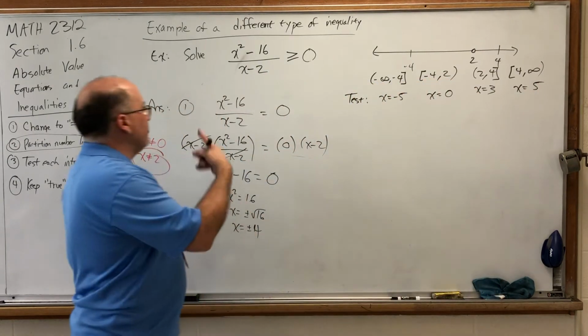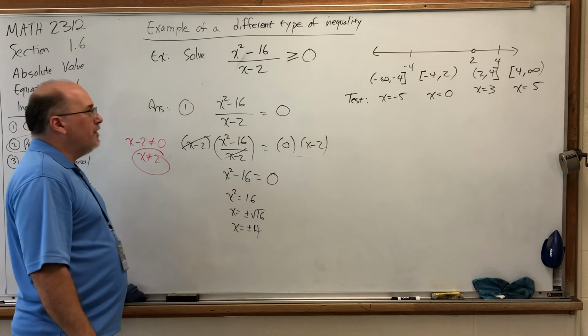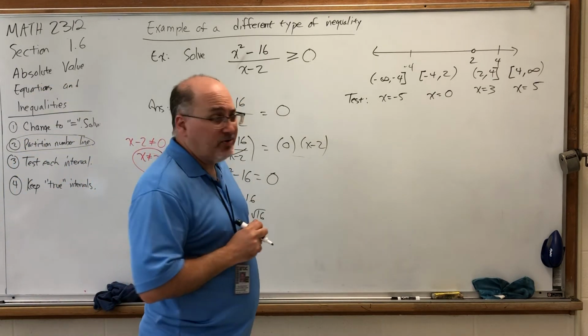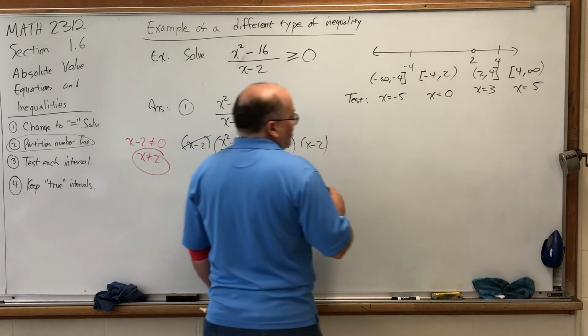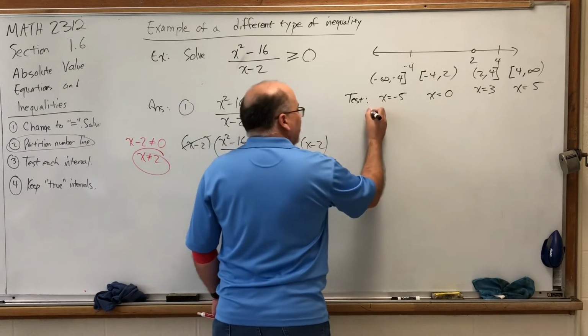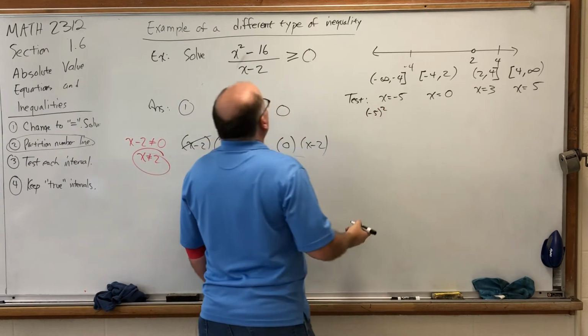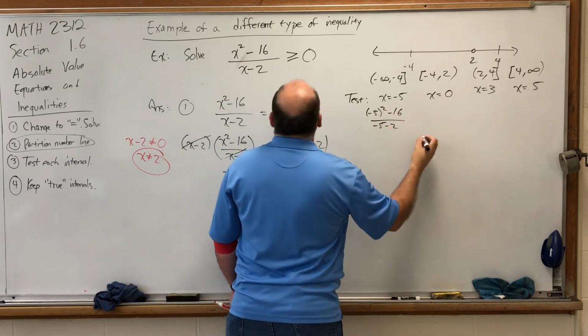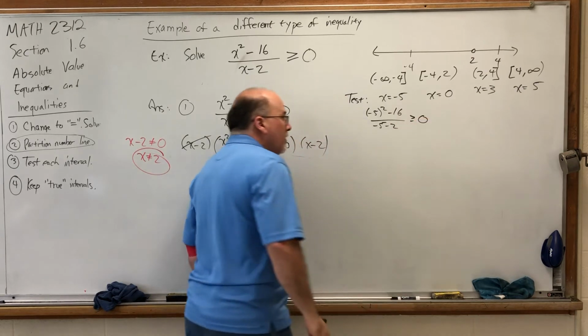Then we just go back to the original inequality, see which ones make them true or false. I'm only going to work the first one, and then I'll tell you what the results are for the rest of them. If we substitute negative 5 into the original inequality, we get negative 5 squared minus 16 over negative 5 minus 2 is greater than or equal to 0.